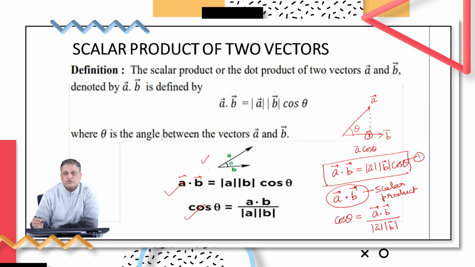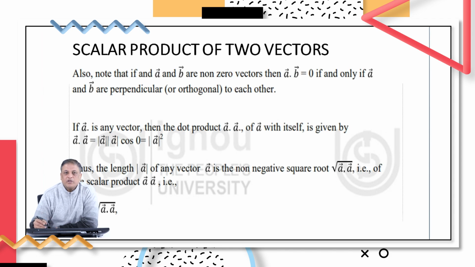So it is actually the projection of one vector onto another vector, and there are some important observations about the two vectors. The dot product A dot B will turn out to be 0 if A is not equal to 0 and B is not equal to 0, but A dot B is equal to 0.